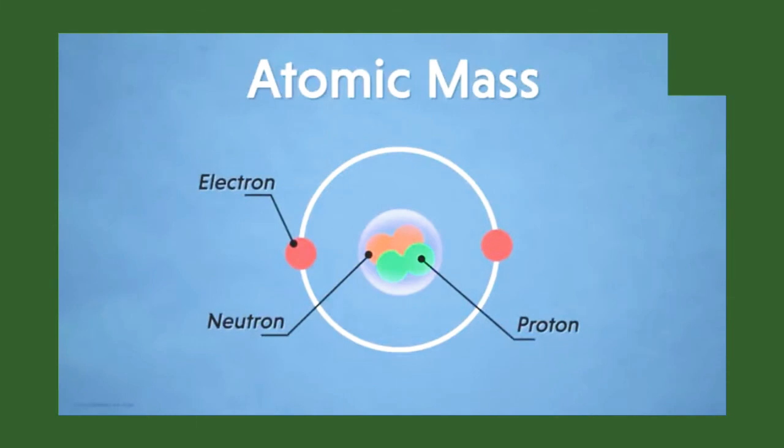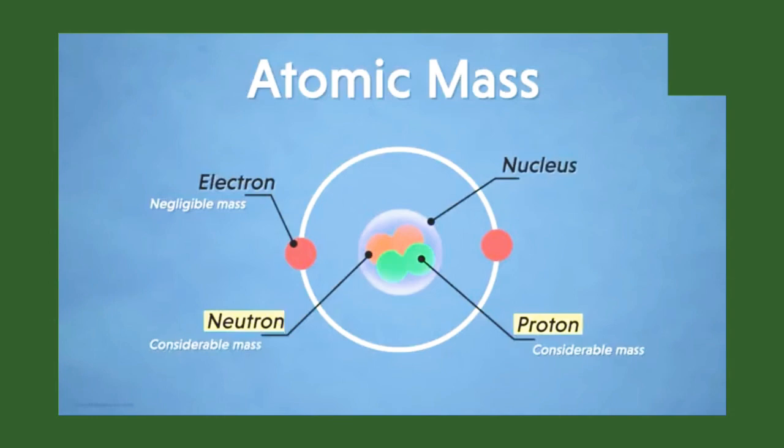But we know that among all the subatomic particles, electrons have negligible mass. That is, they are considered to be almost weightless. So what are we left with? Yes, we have both protons and neutrons in the nucleus. And these two do have some amount of mass, is what we know.